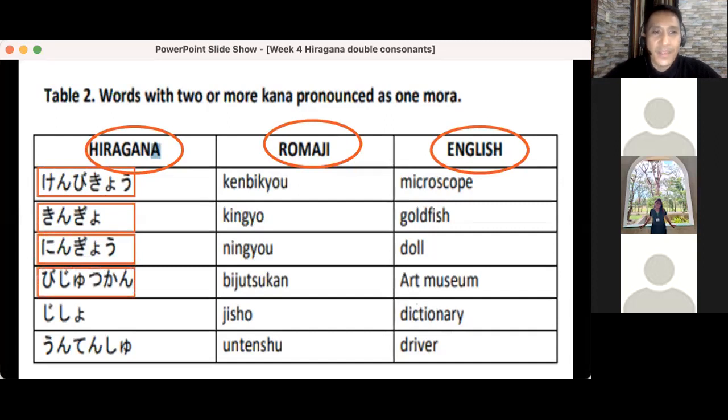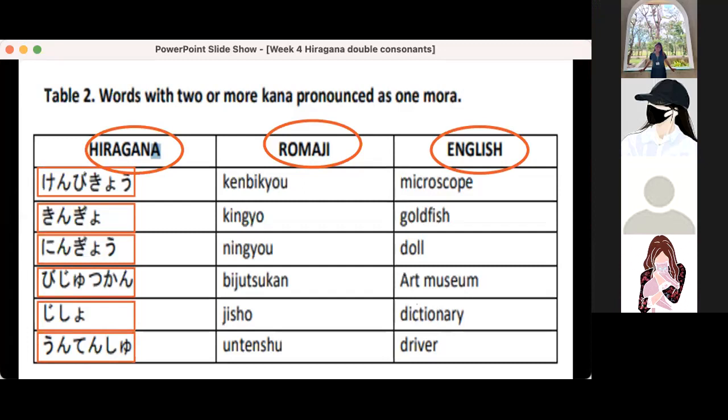Ningyo. Bijutsukan. Jisho. Untenshu. Again from the top. Kenbikyo. Kingyo. Ningyo. Bijutsukan. Jisho. Untenshu. Okay? So may I ask volunteers to read?